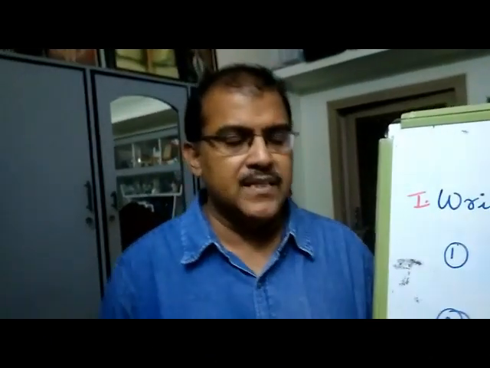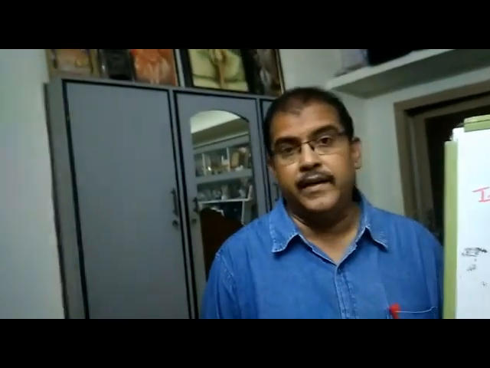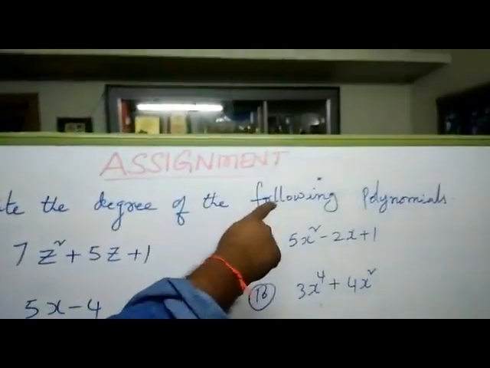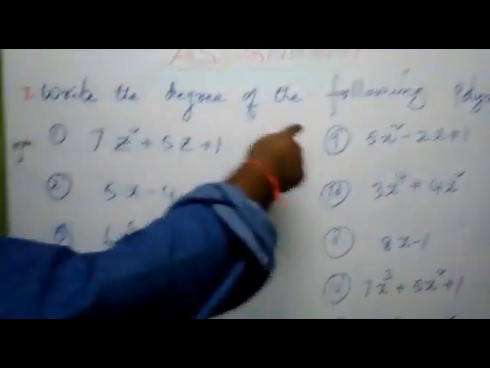We completed the main topics. One is the degree of the polynomial, and the other is types of polynomials based on terms. Now I am giving an assignment. First question: write the degree of the following polynomials. Here I have given 15 sums.